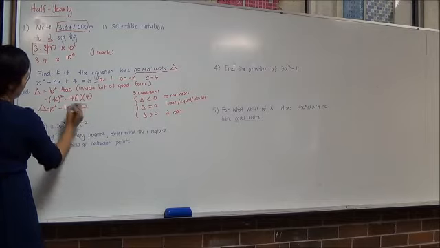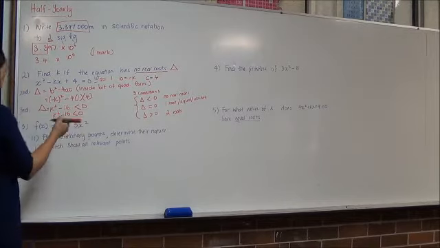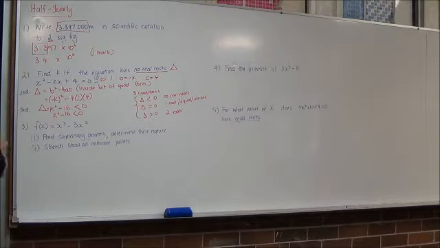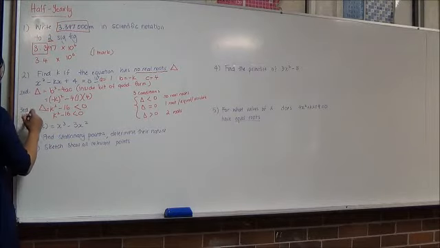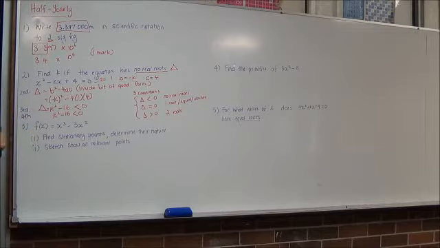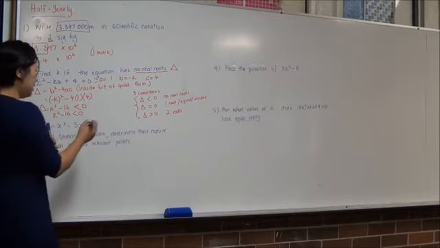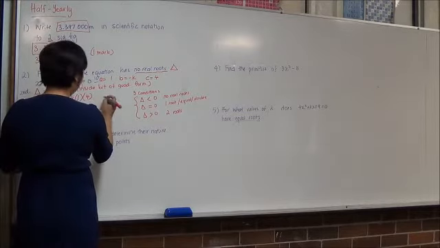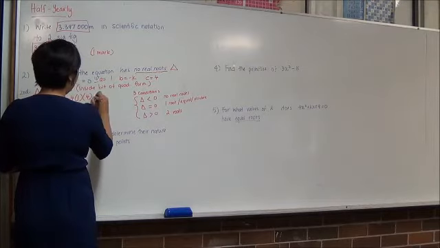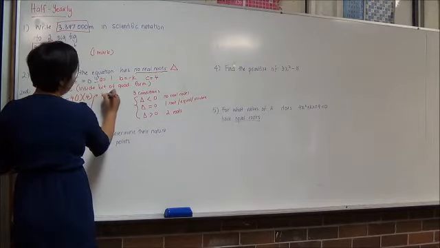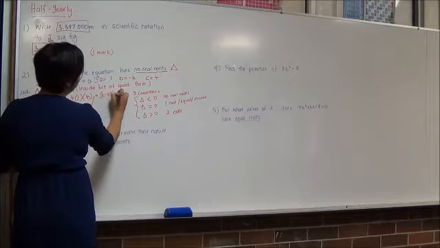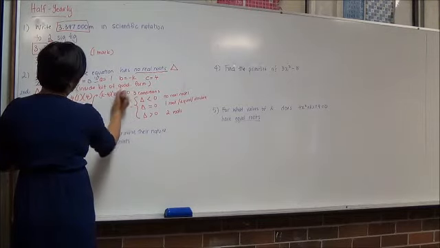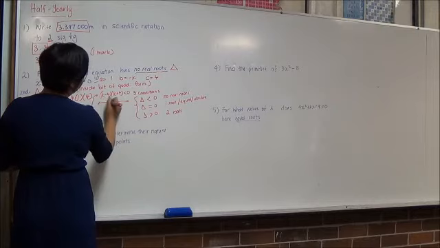So what we have here is an inequality. And remember when we have inequalities, we've got to test our solutions. We're running out of space, but we factorize this, and our solutions are 4 and negative 4.